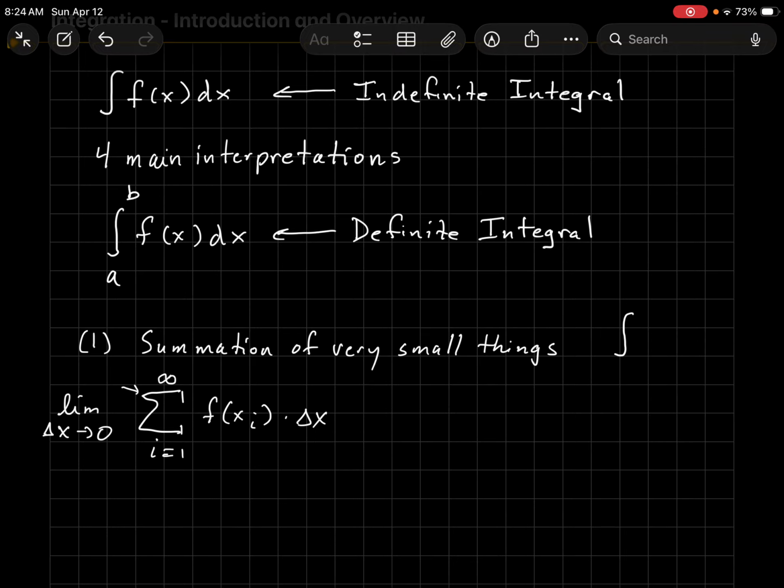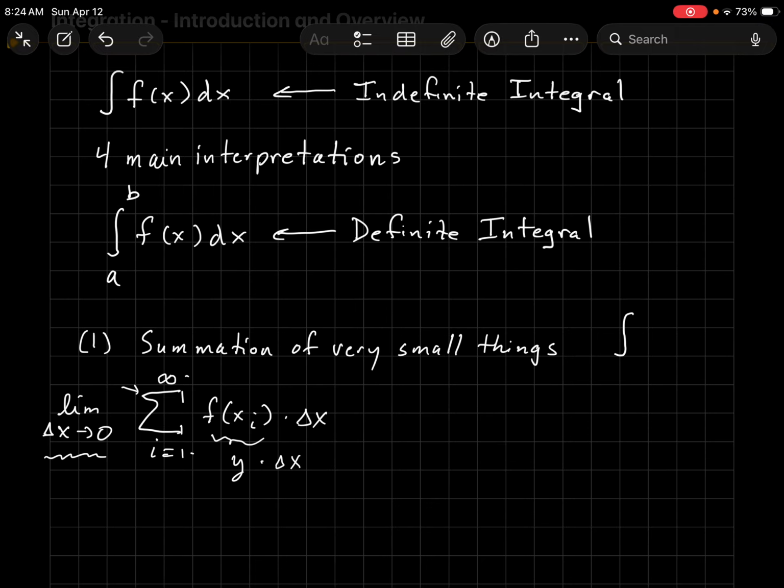Now, what am I summing? Well, in this case, I'm doing a whole lot, from 1 to infinity, of something. Well, what is the something? I have a y value times not an x value, but a change in x value. Now, how big is this change in x value? It's incredibly small.